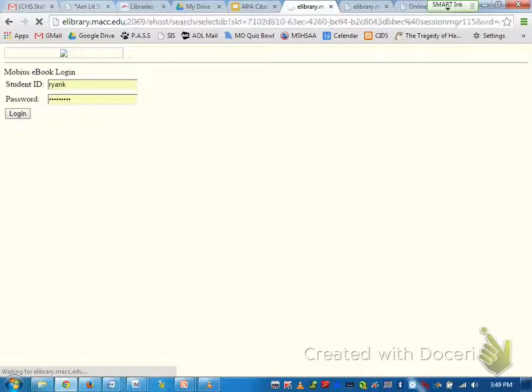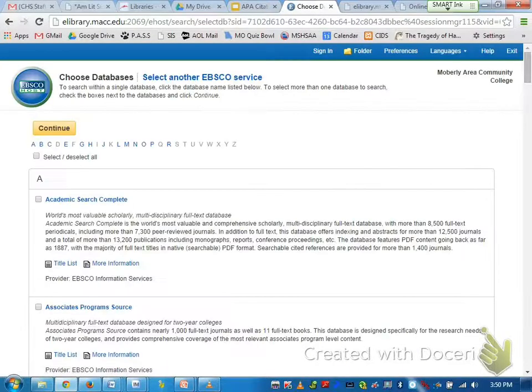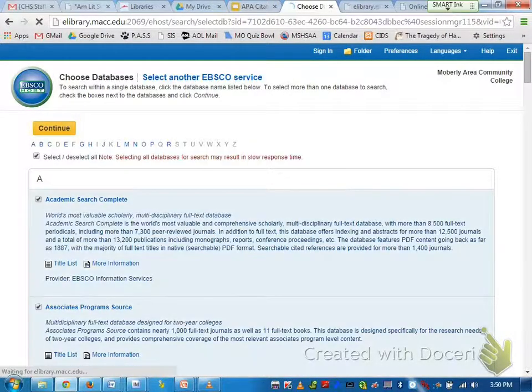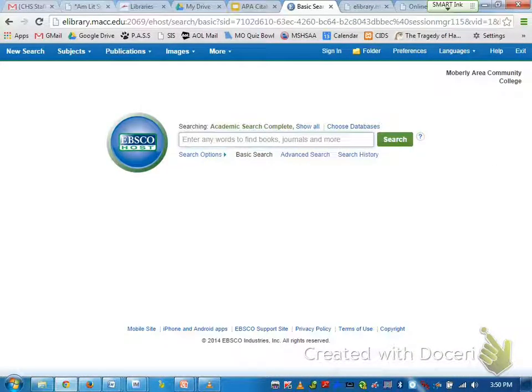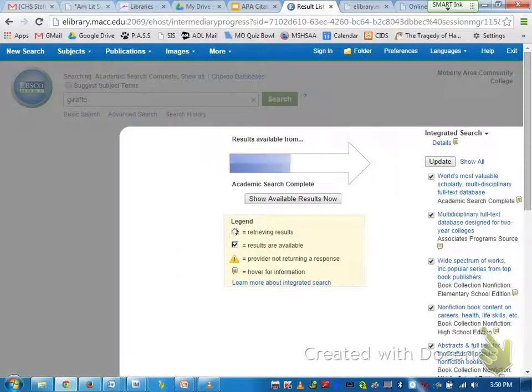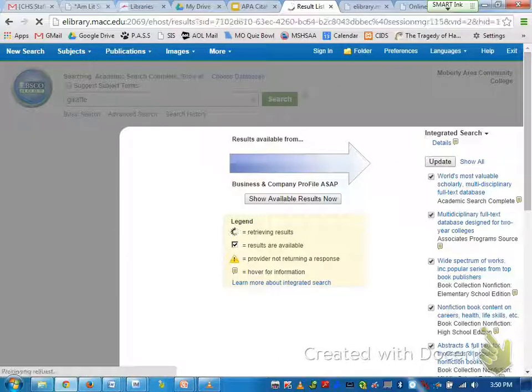You might be wondering where you find that information. How do I know what the journal is? How do I know what the journal volume is? How do I know what the page numbers are? And it can be really easy to find. We're just going to do our standard giraffe search in EBSCOhost, so you can see EBSCOhost has all of these periodicals.